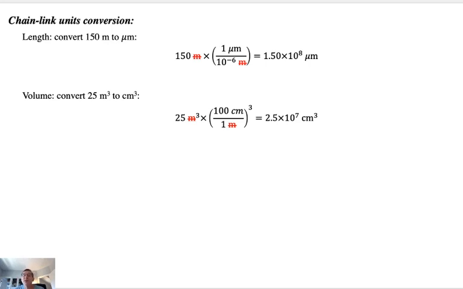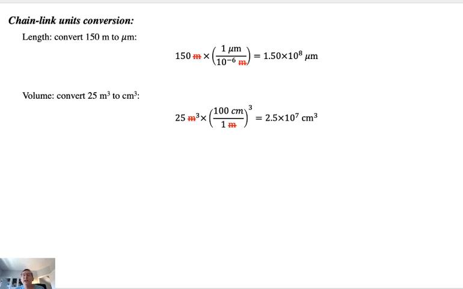Well, it's going to help us change the units. It's this equivalency here that is equivalent to 1: 1 micrometer is equivalent to 10 to the minus 6 meters. That's just based on our table of metric system prefixes. Okay? 1 micrometer is equivalent to 10 to the minus 6 meters.